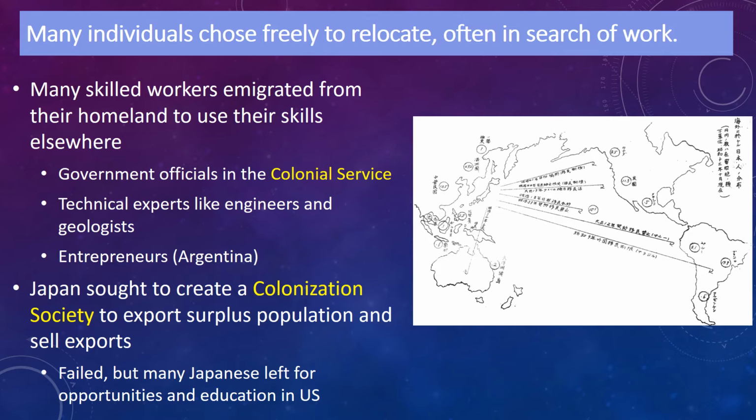What actually happened is they sent people out and then they kind of got assimilated into other cultures. So it's not that they didn't have a devotion to Japan, it's just that all they really accomplished was reducing their population. The economic benefit of sending people away and then purchasing Japanese goods didn't really happen.